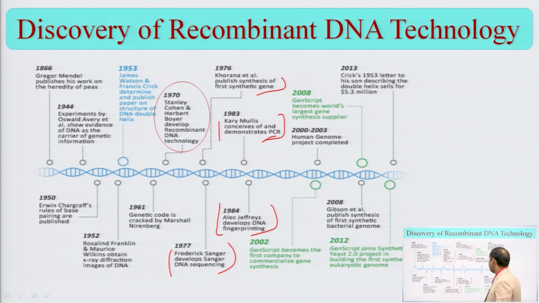After that, many more developments happened. After a long time, in 2002, GenScript became the first company to commercialize gene synthesis. The story started in 1976, and it took many years to commercialize synthetic genes.